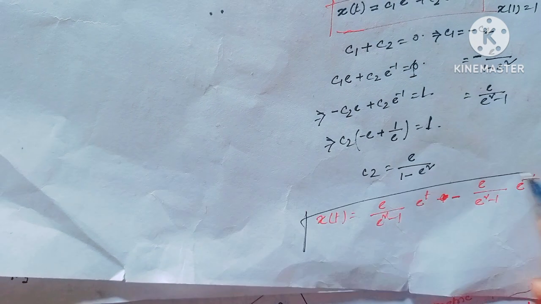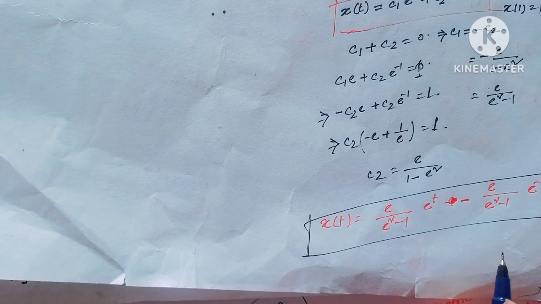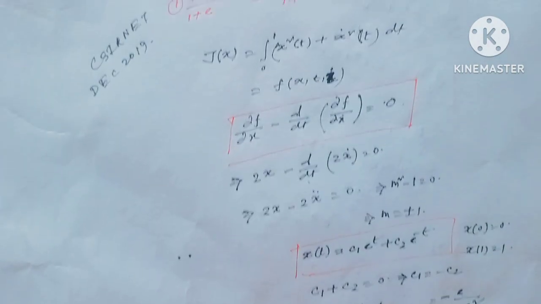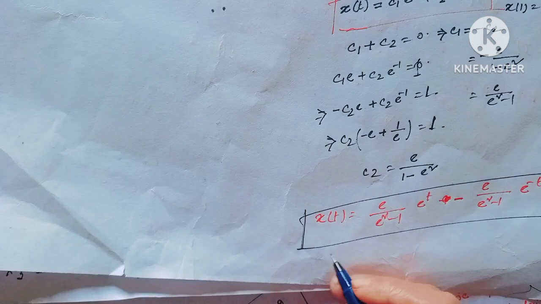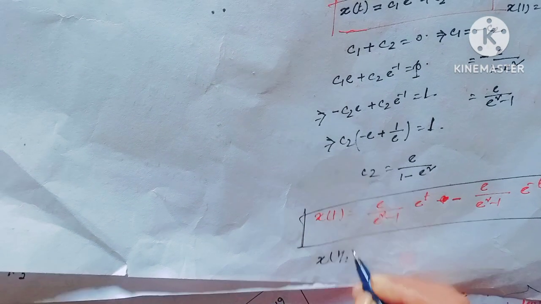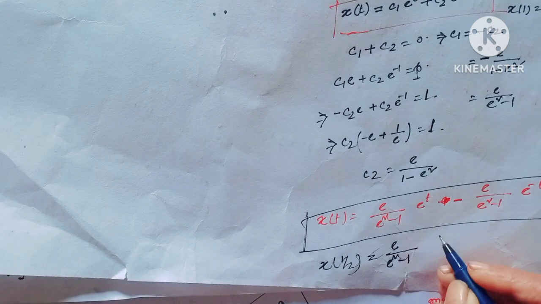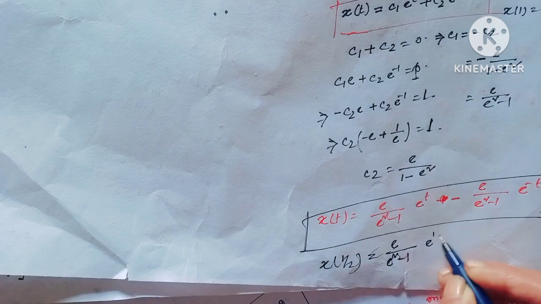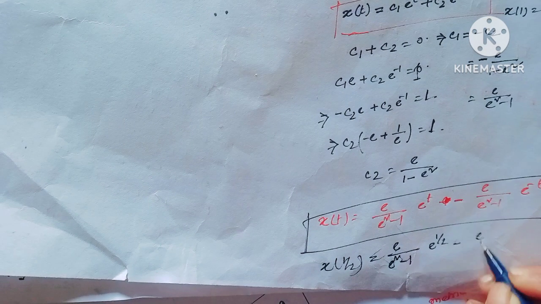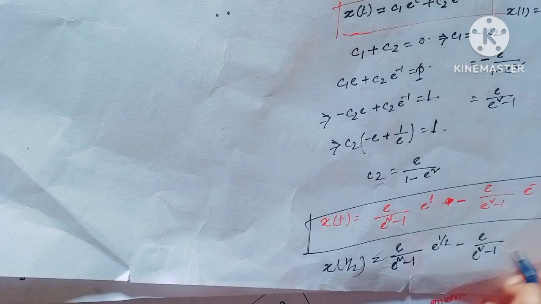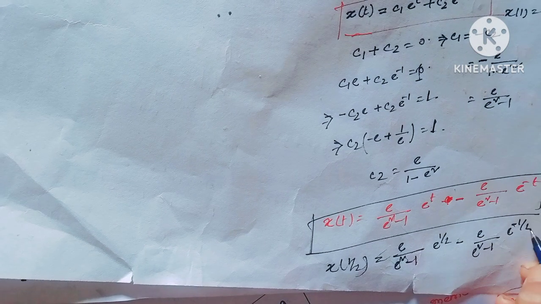This is the solution of this functional. Here we have to find the value at the point x(half). So x(half) would be e over e squared minus 1 times e to the power half, minus e over e squared minus 1 times e to the power minus half.